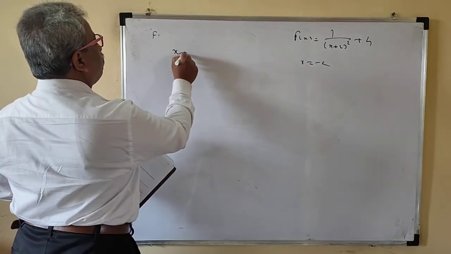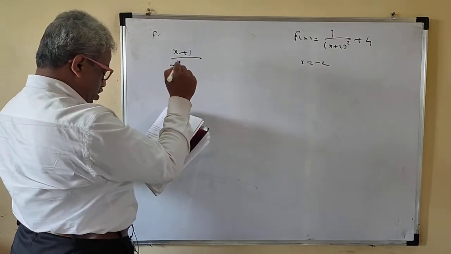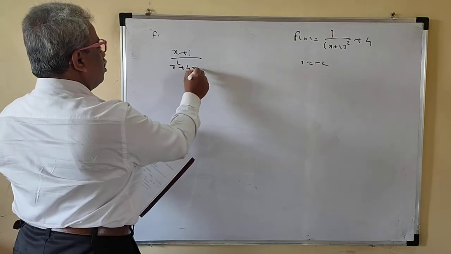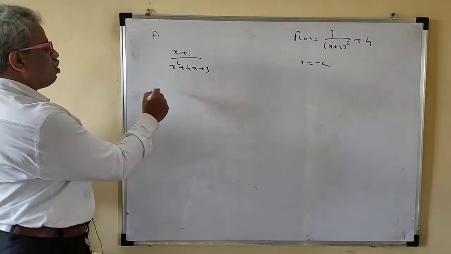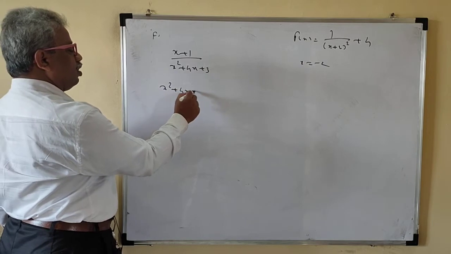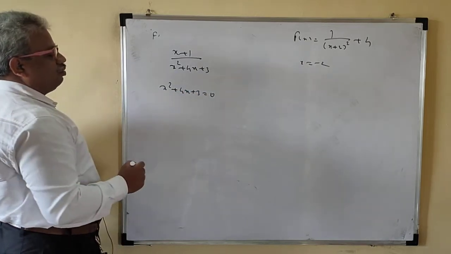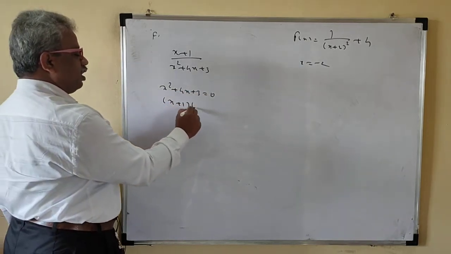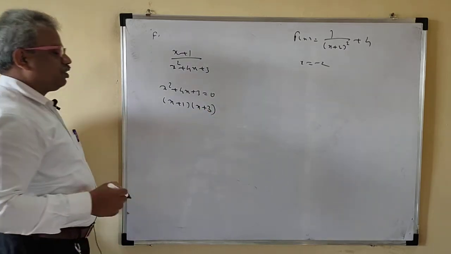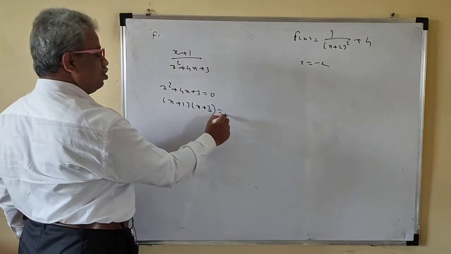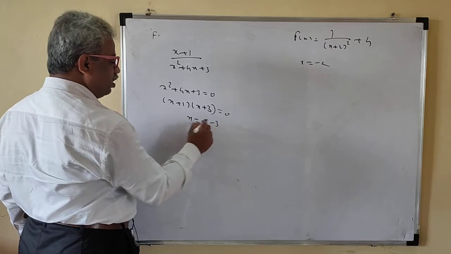Now if your function has x square plus 4x plus 3 in the denominator, we will equate this denominator to 0. So (x plus 1)(x plus 3) is equal to 0. That means x is equal to minus 1, minus 3.